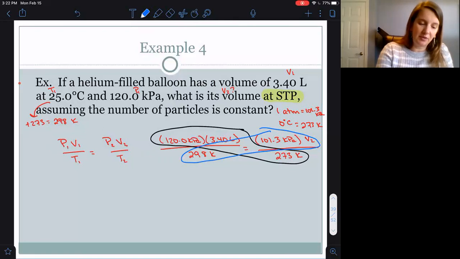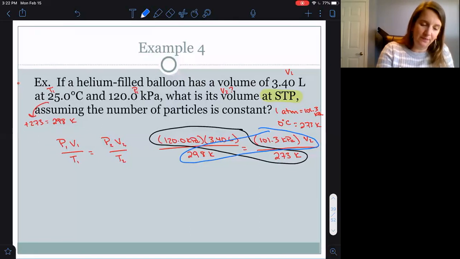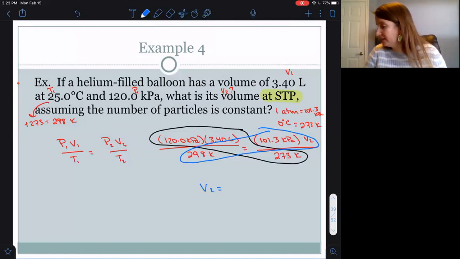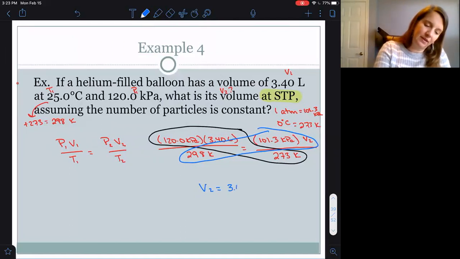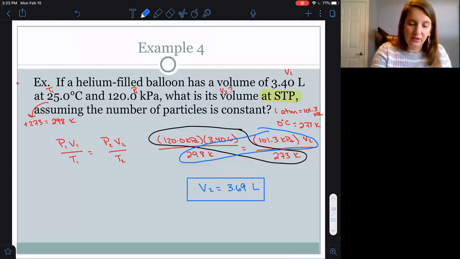So how many sig figs am I going to get for this question? I get 3 sig figs. I'm not looking for T2 though, I'm looking for V2. So my answer should be 3.69. And my units are going to be liters because that was my unit of volume on the one side. Okay. Next question.